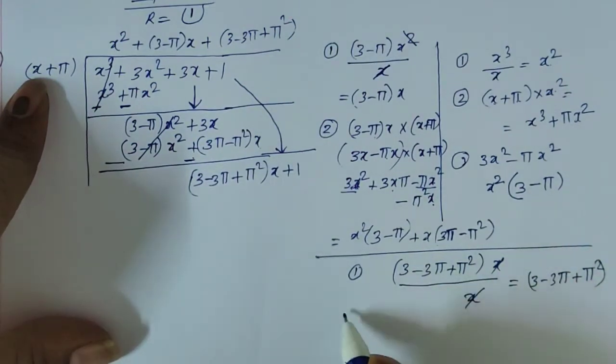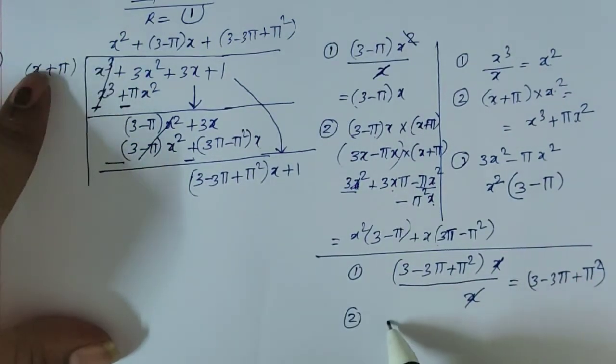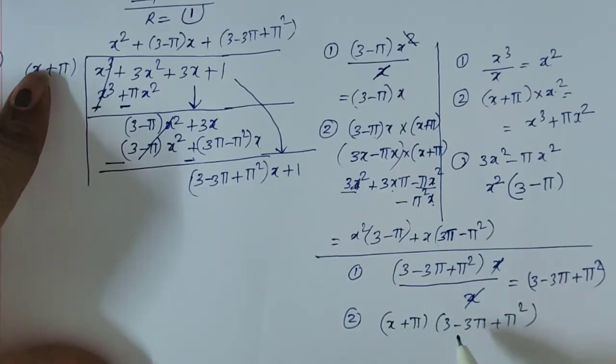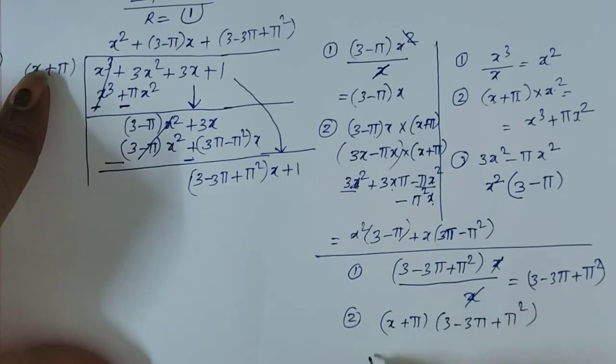In the second step, the divisor should be multiplied by this 3 minus 3 pi plus pi square. So first multiply x into this part, I am writing like this, 3 minus 3 pi plus pi square into x. So I multiplied the whole part with x.